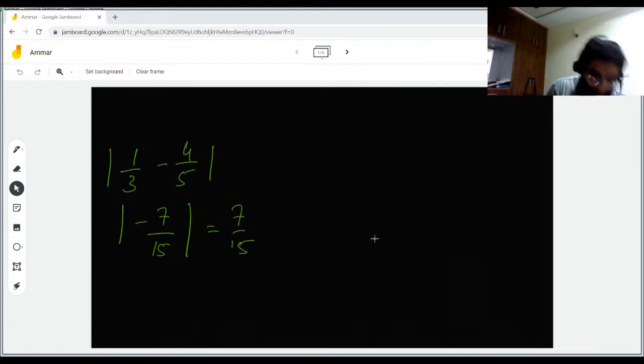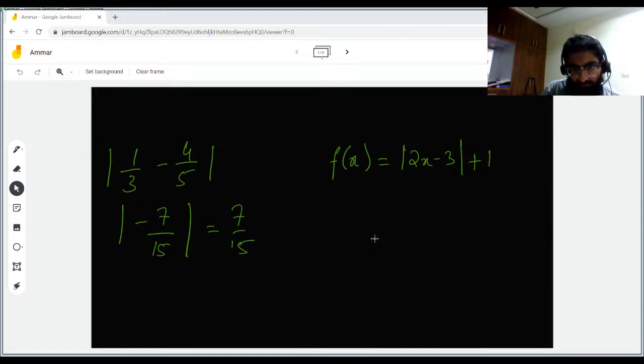Let's say I've got f of x is equal to mod 2x minus 3 plus 1. We covered this example in the last class as well, but to do it quickly, let's do it for f of 2, f of minus 2 in fact, and f of 1.